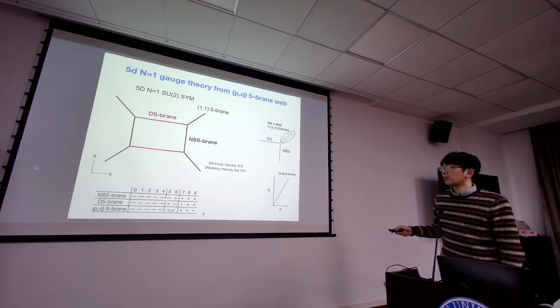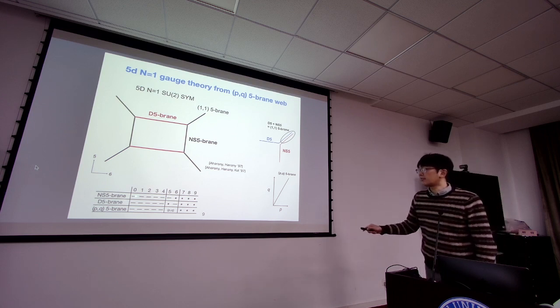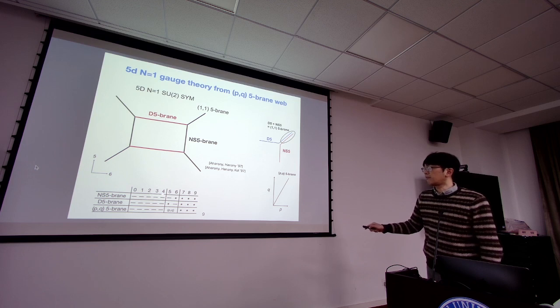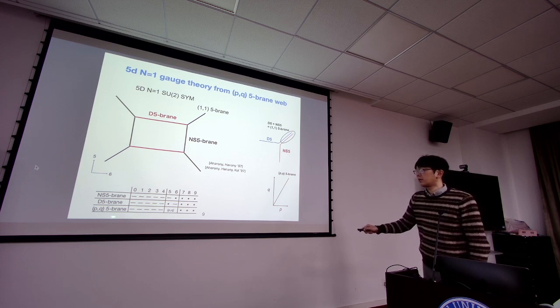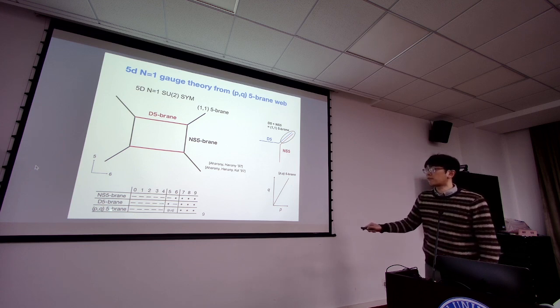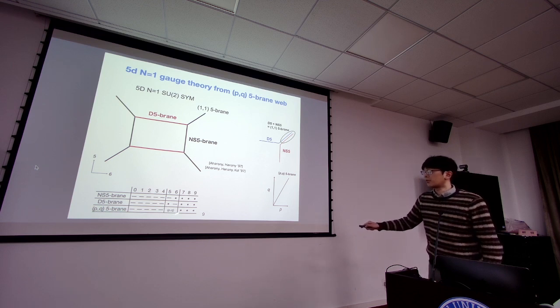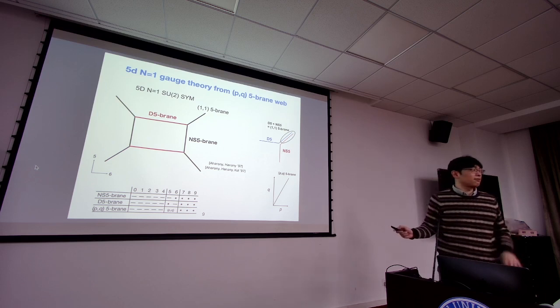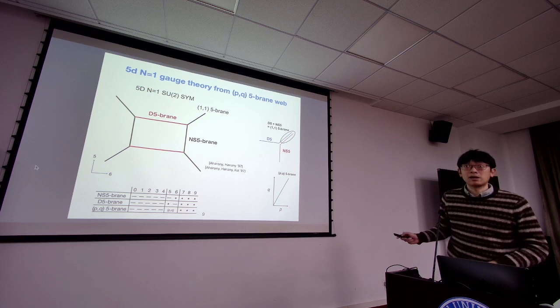So in this 5-brane web, the NS5 brane extends in the 0, 1, 2, 3, 4, 5 directions, and D5 of course extends in the 0, 1, 2, 3, 4, and 6 directions. And for a generic (p,q) 5-brane web, the (p,q) 5-brane extends in the (p,q) direction as I wrote. So this is the brane setup which we use.